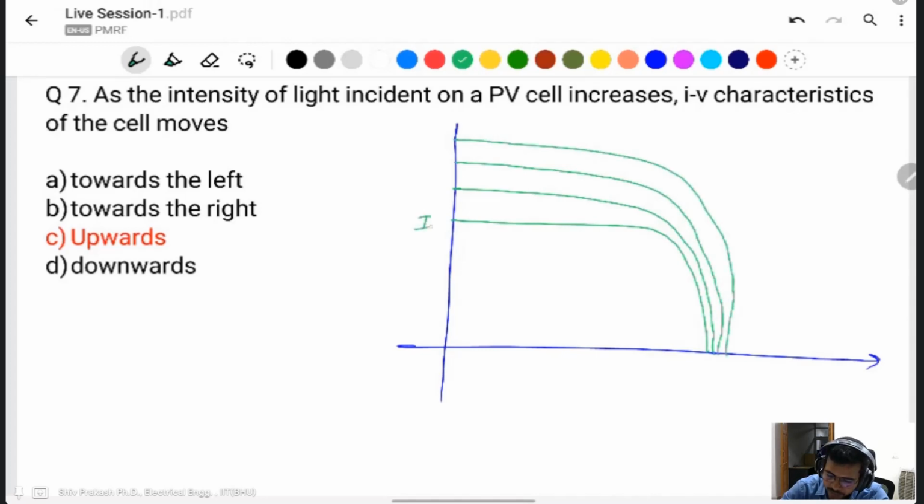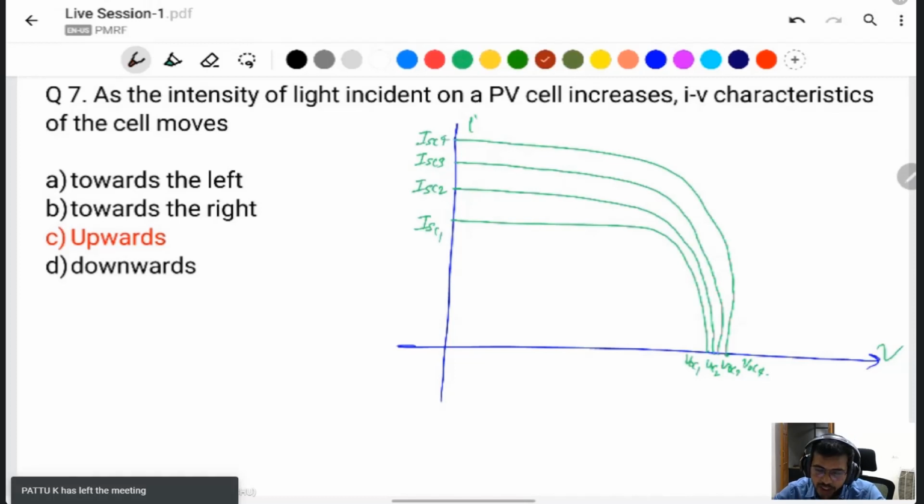Like that: ISC1, so in the IV characteristic, ISC2, ISC3, ISC4, VOC1, VOC2, VOC3, VOC4, this one. Then you can observe that the whole characteristic is shifted upward, because the current increases more and the voltage increases less compared to the current.